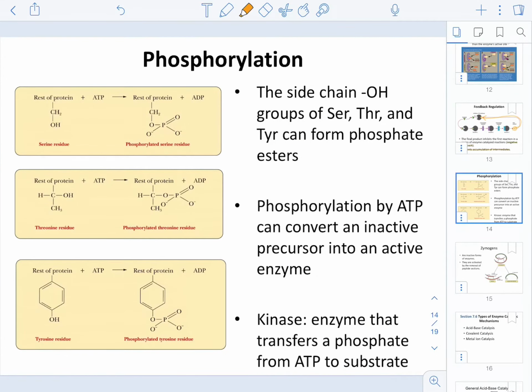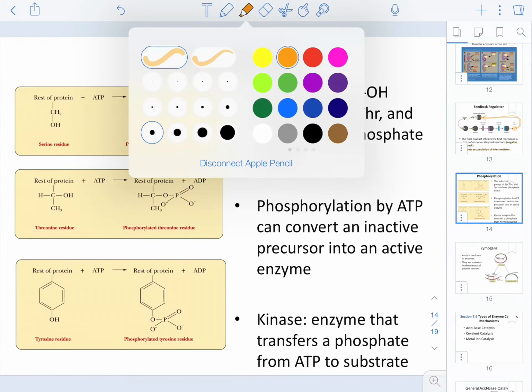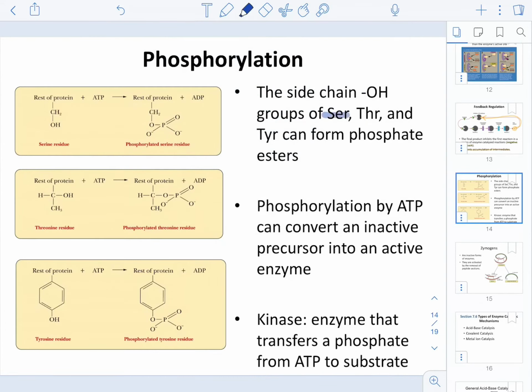The third type of regulation that we have is phosphorylation. When it comes to phosphorylation, understand that the side chains that are affected are those that contain a hydroxyl group. So groups like serine, threonine, and tyrosine, when they get phosphorylated, are going to form a phosphate ester bond. So understand that phosphorylation is going to be utilizing ATP as a substance to obtain that phosphate.